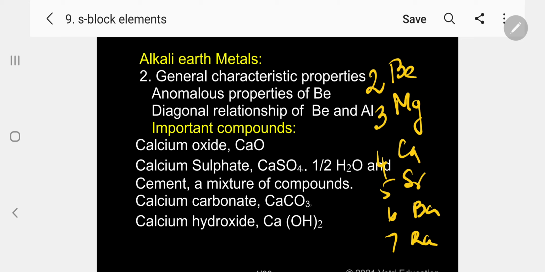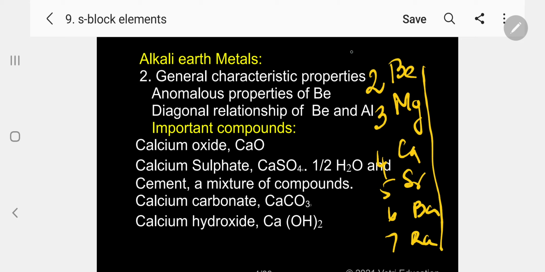So in between there is none. In this case only six metals are present. And this is alkaline earth metals. The first one is alkali metals. That is the main difference. Please follow.